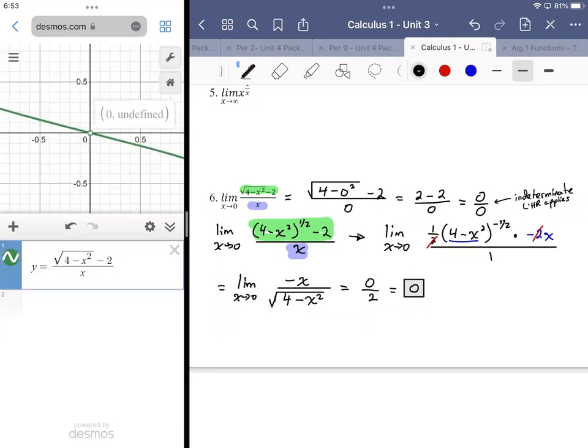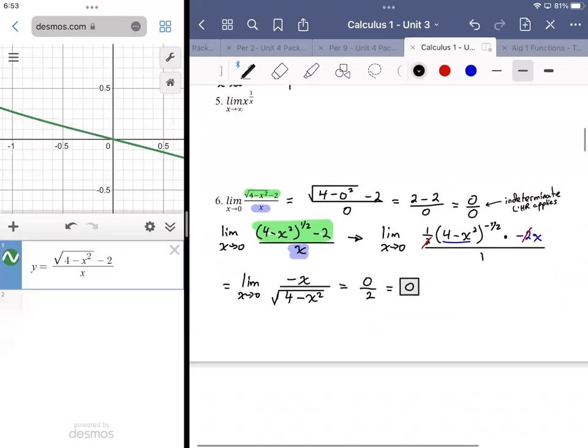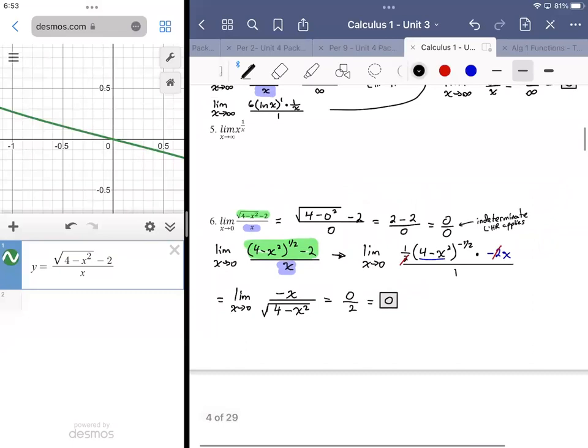Yeah, it's undefined at 0, but as we come in from the left, it appears to be approaching that location. From the right, it appears to be approaching that same location, which has a value of 0. Usually when I don't remember an answer being something, I made a mistake somewhere, but this time, shockingly, I didn't. Kind of nice.